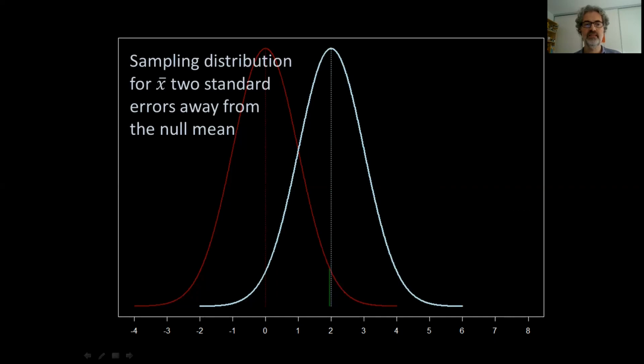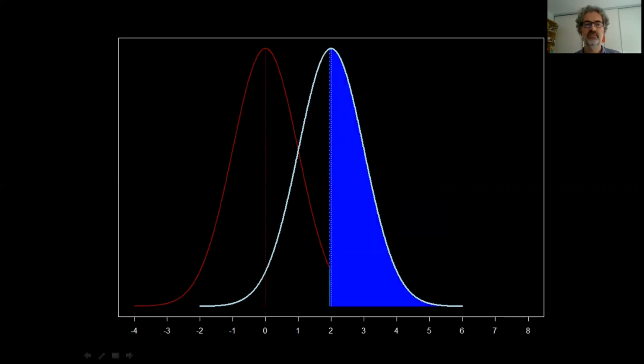So if we apply the same rationale for 2 standard errors away from the mean, we get a probability of rejecting the null only 52%. So if the effect is at 2 standard errors away, you're about as likely to reject the null hypothesis as you are to not reject it. So there's a true effect, but you only have a 52% chance of statistically detecting it.